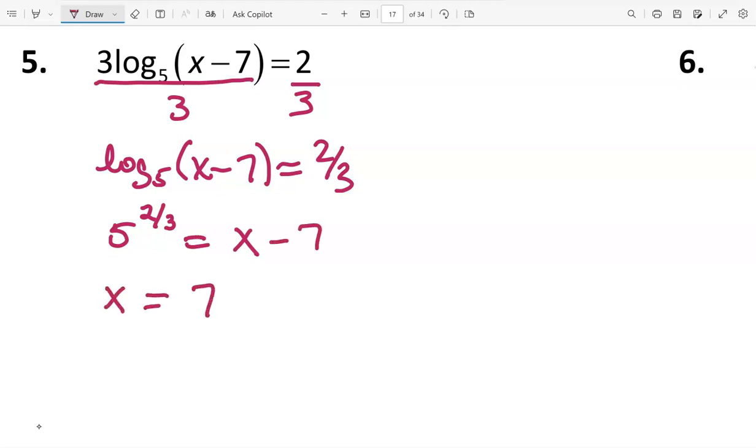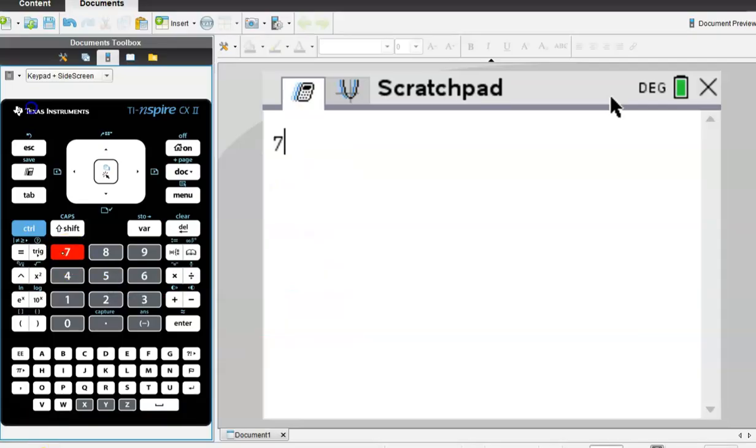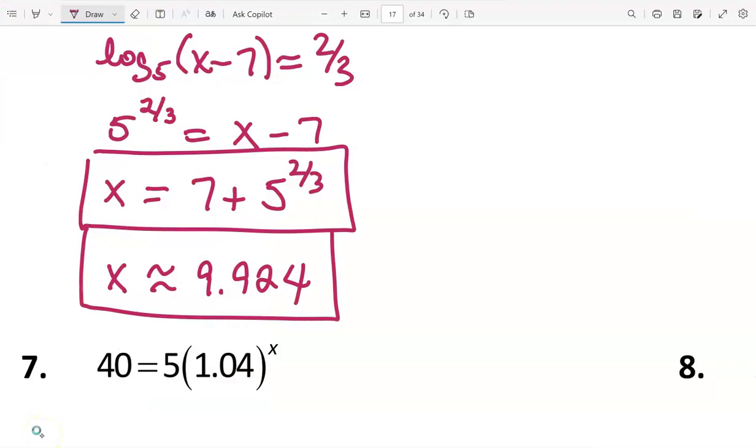Adding 7 to both sides, x is equal to 7 plus 5 raised to the 2/3 power, and that's our exact form answer. So we'll enter 7 plus 5 raised to the 2/3 power, which gives us an approximate solution of 9.924, rounded to the nearest thousandth.